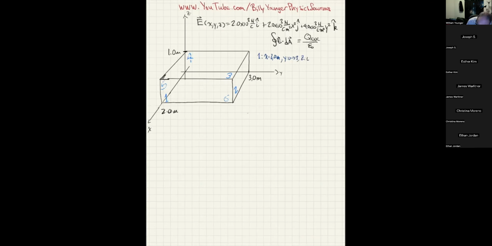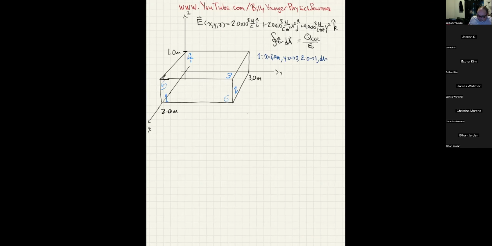And finally, dA is going to be, now when I look at this, I realize the only part of the electric field that's going to matter here is the I hat component. And the I hat component in this case does not have any variables in it. So I can make the integrand narrow in one part and wide in the other part, and it doesn't matter which one.